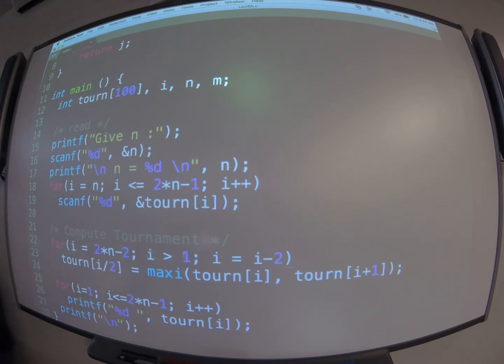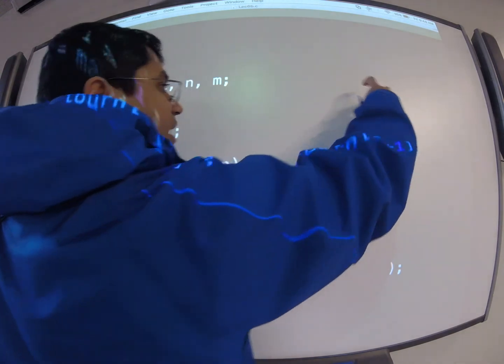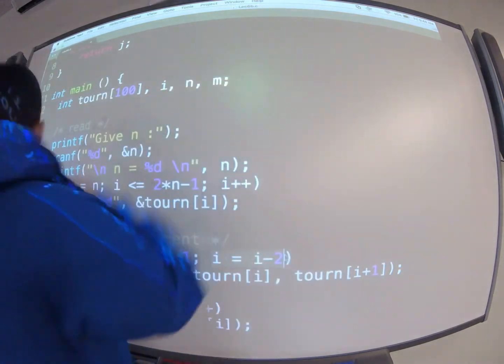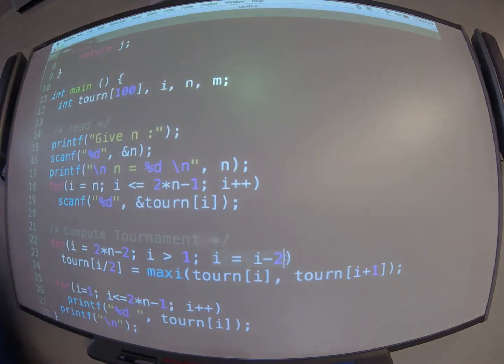And I go all the way up to the second position, that is index 1. And every time I do this, I am decrementing by 2, right? Do you remember why? Because I compared these two, then I compare these two, then I compare these two. That's why your loop is decrementing by 2 every time. And just find out the max of position I and I plus 1.